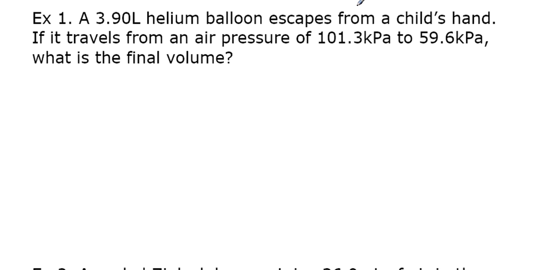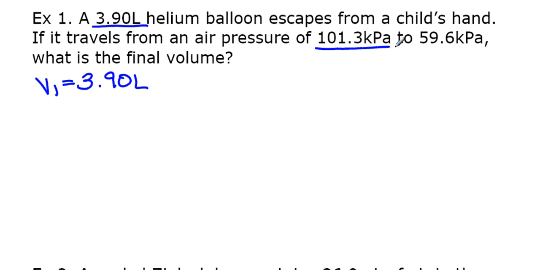You've probably all seen this or maybe had this happen to you. You're holding a helium balloon, you let go, and it flies away. It's very sad. So let's write down what we have. We start off with a balloon that has a volume of 3.9, so that's our initial volume.